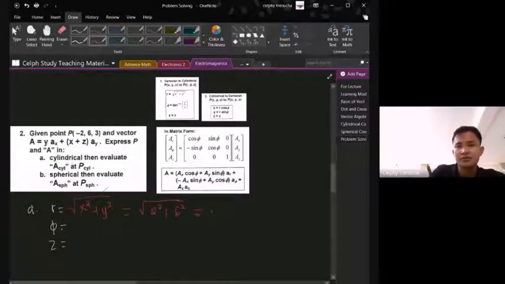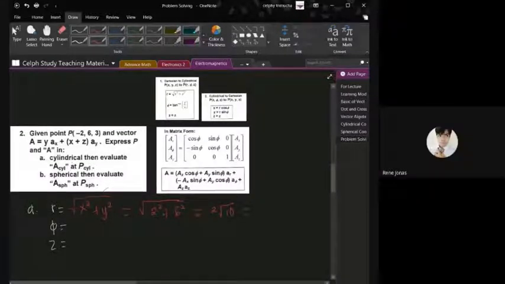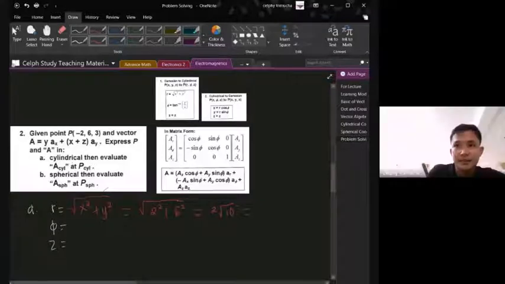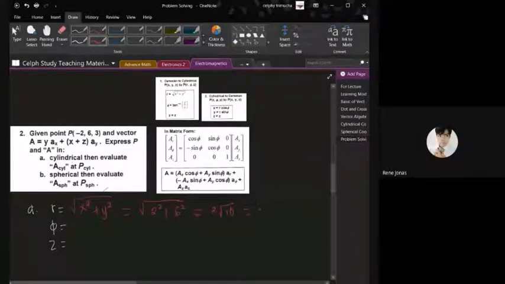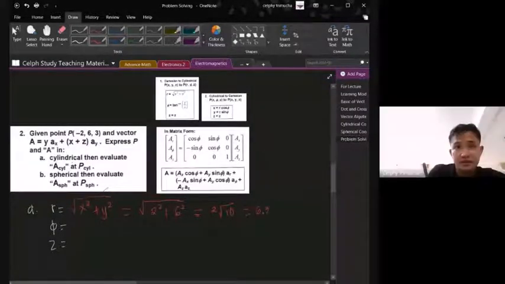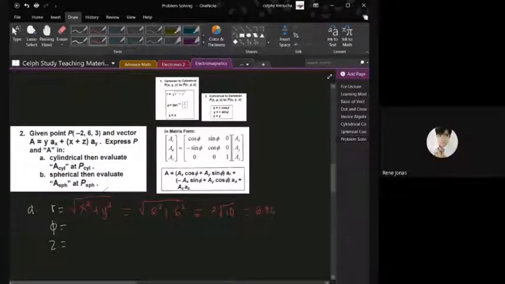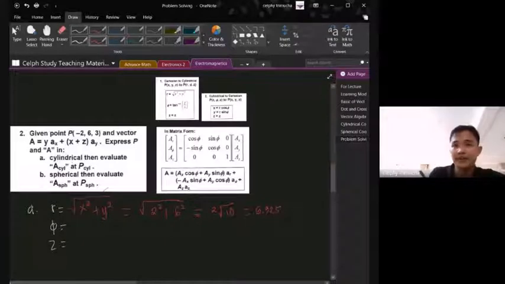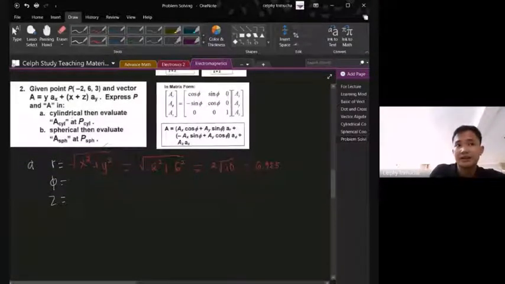So, this is square root of 40, or 2 square root of 10, equal to 6.325. Okay? For aton nga angle nga value, pangitaon naton ang angle.